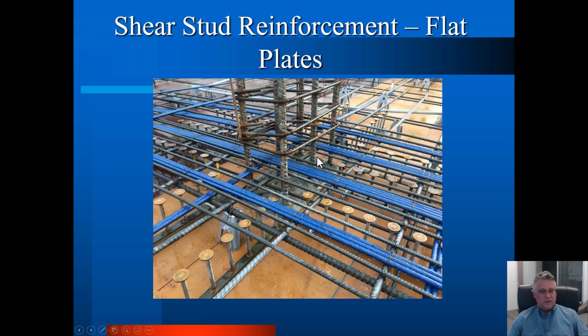Notice that because I stood under that building and took that picture with my father, I will never forget that. So the code says you need to have 2 tendons in each direction going through the column. We try in the banded group of tendons to get 8. Code says 2, we put 8. And notice that the banded group of tendons act like the beams, and so most of the uniform tendons will go over the banded tendons.